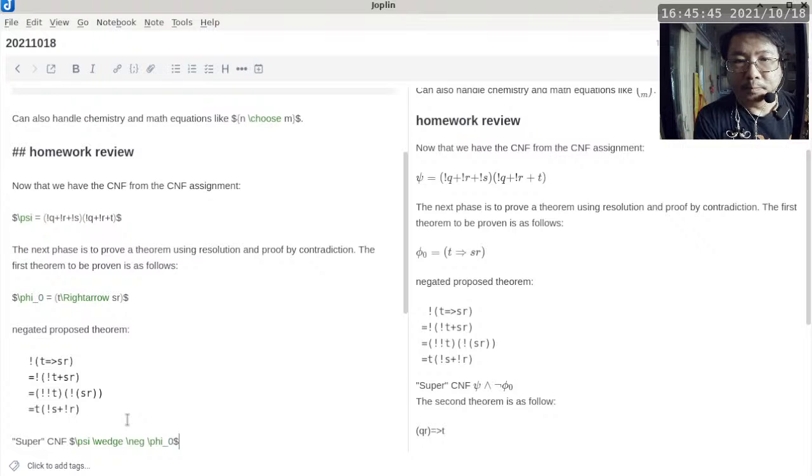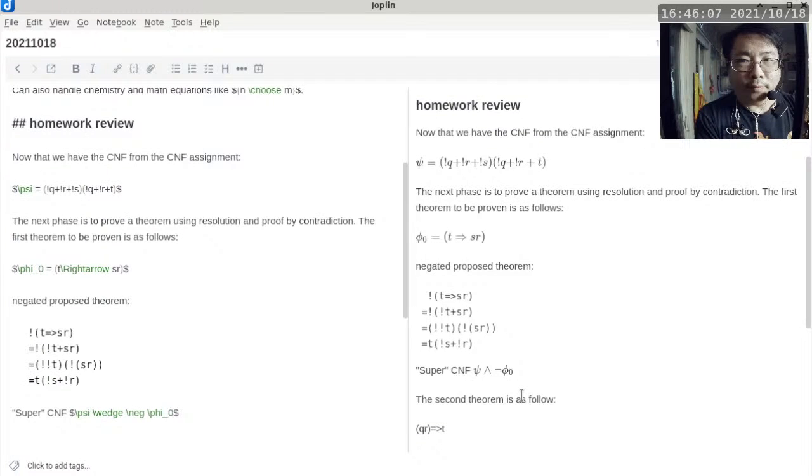There we go. All right, so the super CNF is essentially representing this, but because psi is already a CNF, and then not phi 0 is also a CNF, we just have to concatenate the two CNFs and join them by a conjunction, then the result is also going to be a CNF.